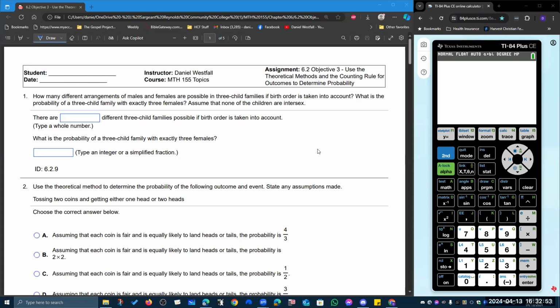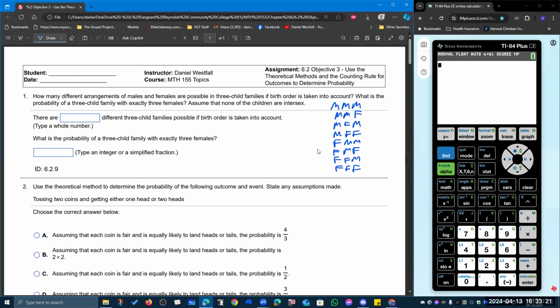So we have the possibility of all male children, a male and then a female, a male, a female, and then a male, a female, and a female, and then two males, a female, male, and a female, a female, and a male, and then all females. 1, 2, 3, 4, 5, 6, 7, 8.